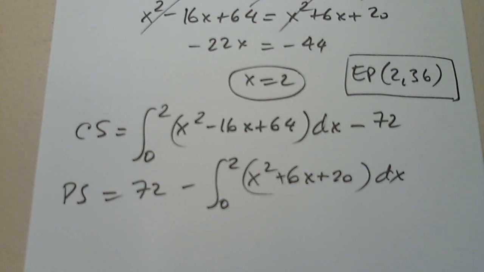So we have the integral from 0 to 2, and this is x squared minus 16x plus 64, of course dx, and minus 72.